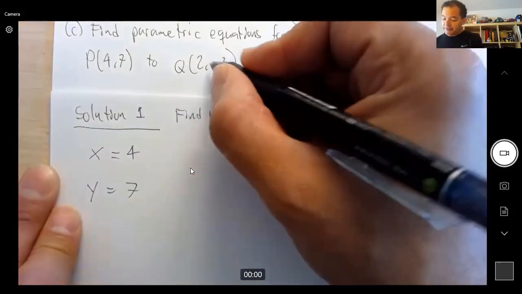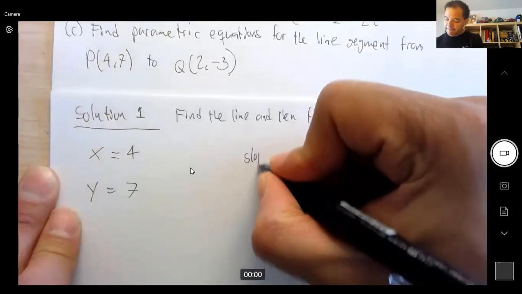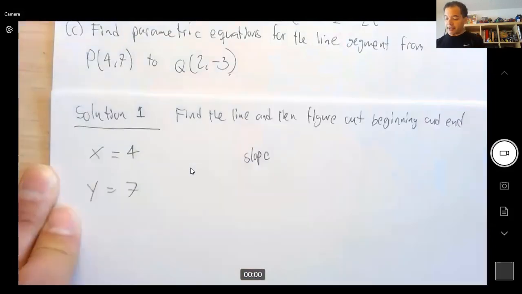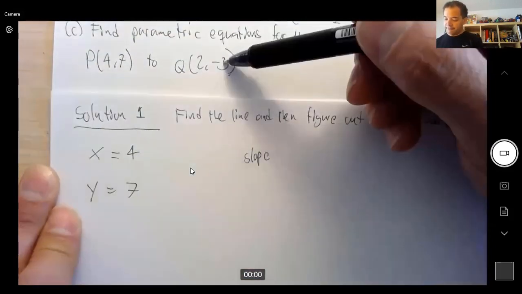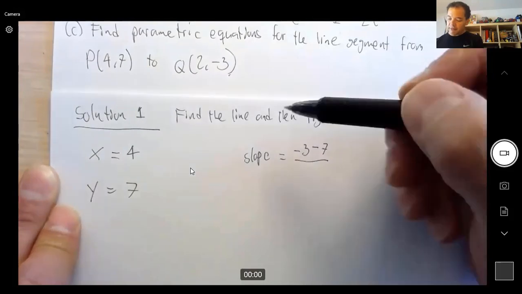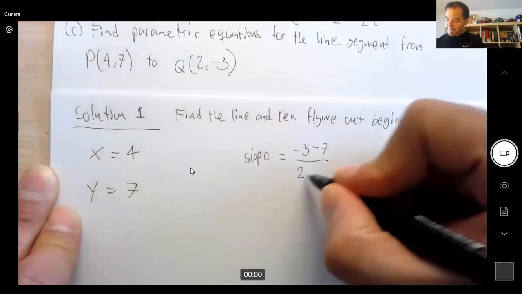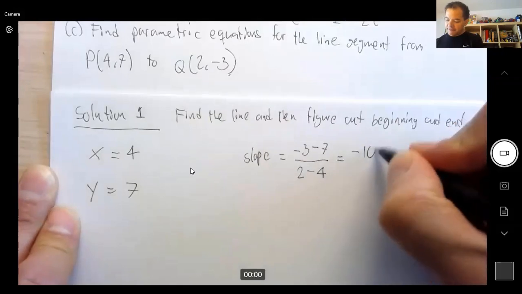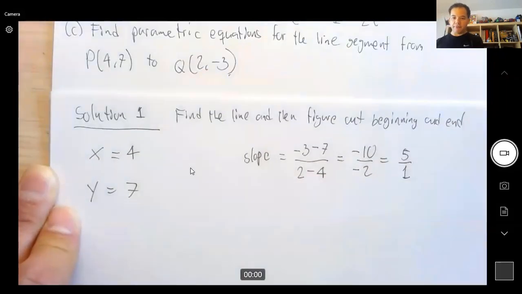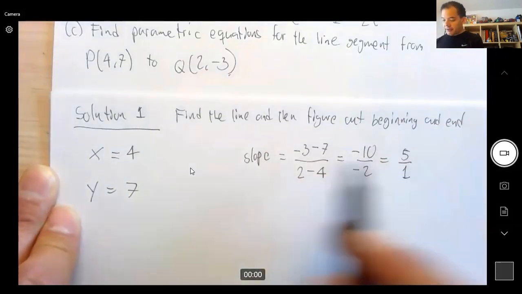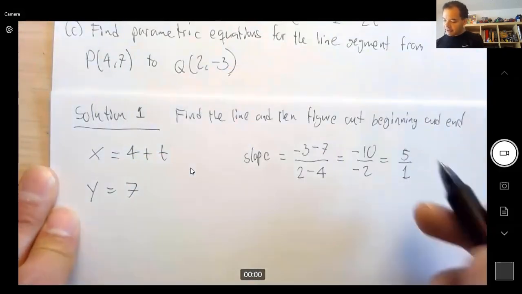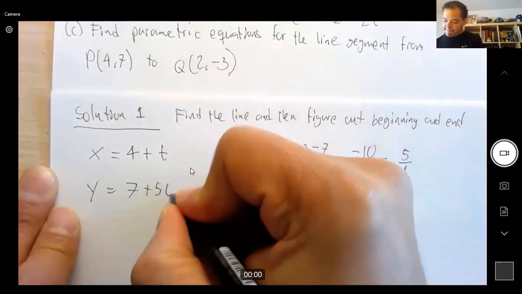So what is the slope from here to here? Well, the slope, remember, is the rise divided by the run. So the rise would be from -3 to 7, divided by the run from 2 to -4. So this is -10 over -2. So that's 5. 5 over 1, right? So then the x goes with the one in the bottom, like this, and the y goes with the one on the top, like this.